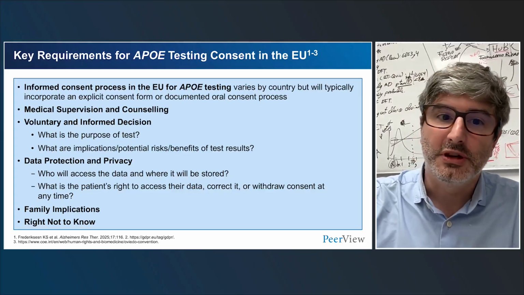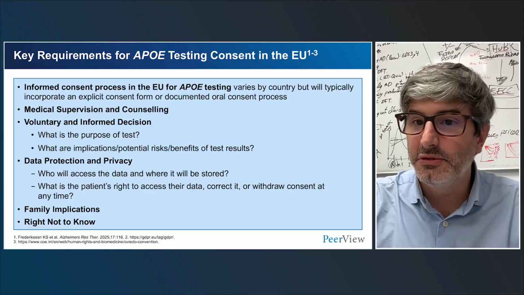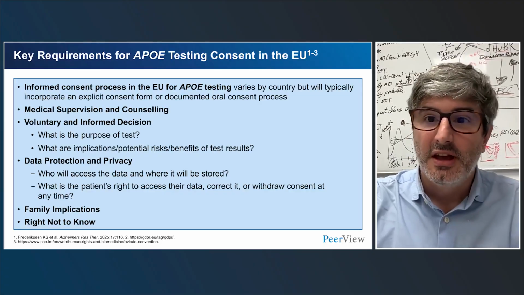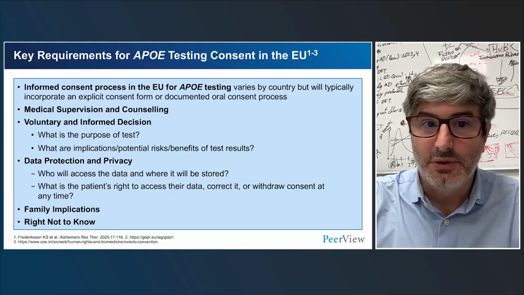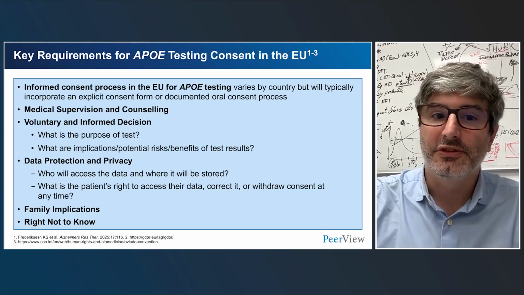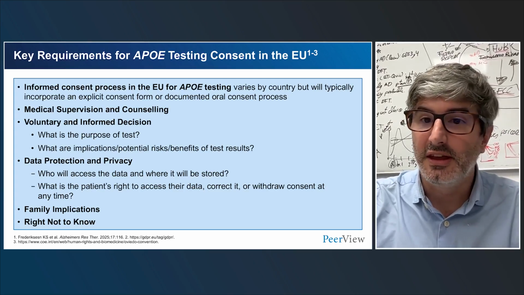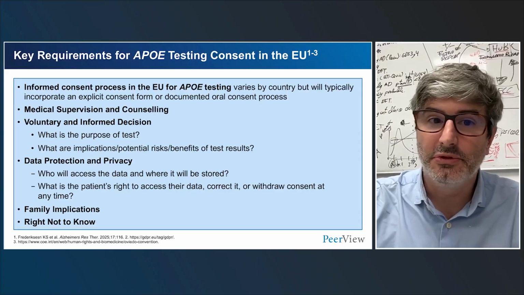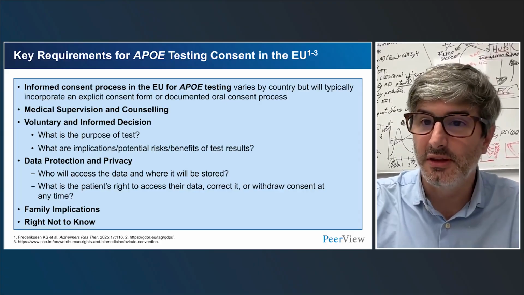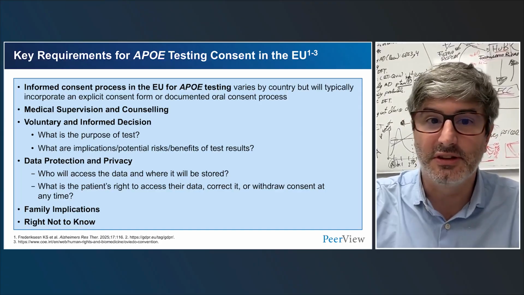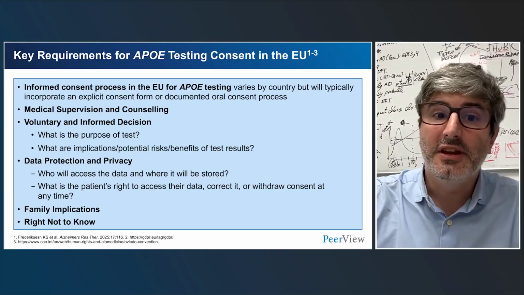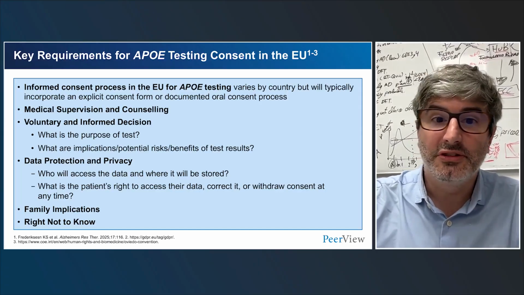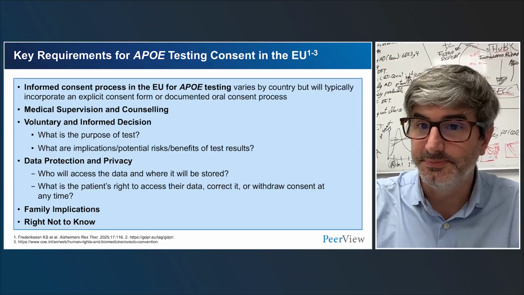This, of course, should be done under medical supervision and counseling. And it must always be emphasized that this is a voluntary and informed decision. We should inform the patient what is the purpose of the test, why we are determining this genetic status, and what are the implications and potential risks and benefits of the test results.